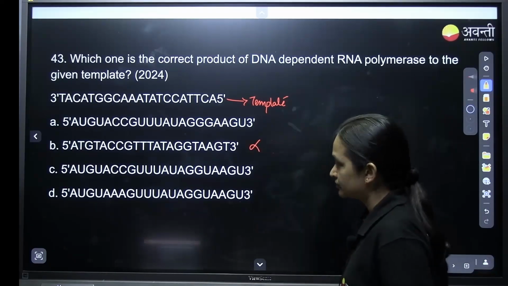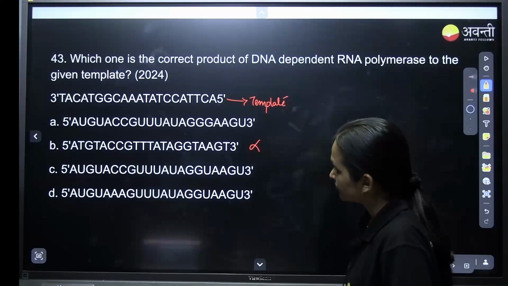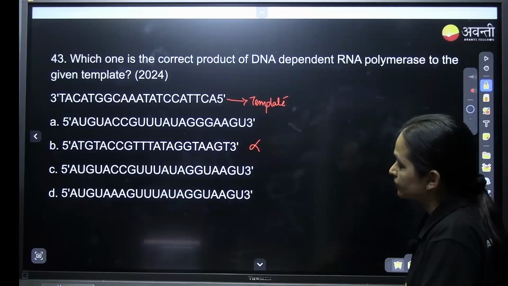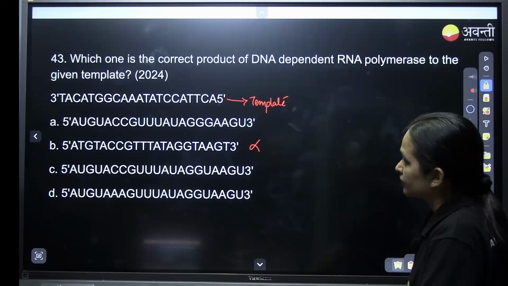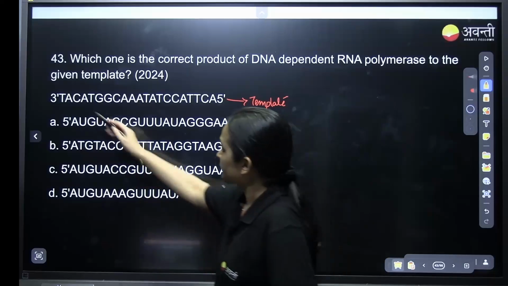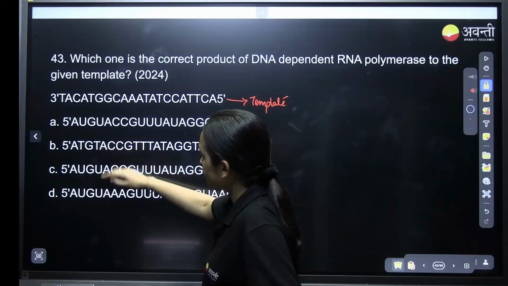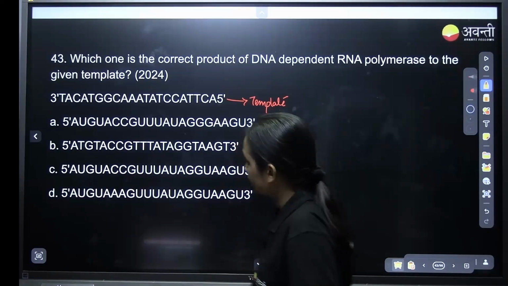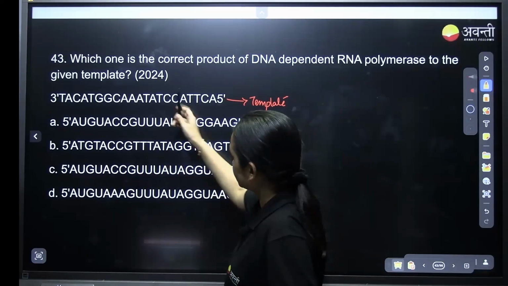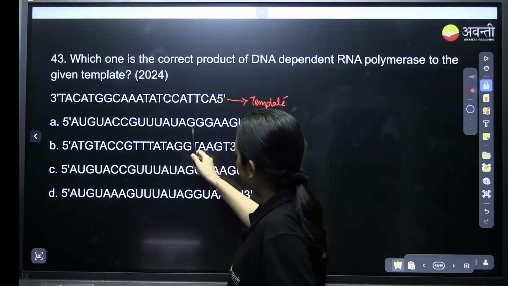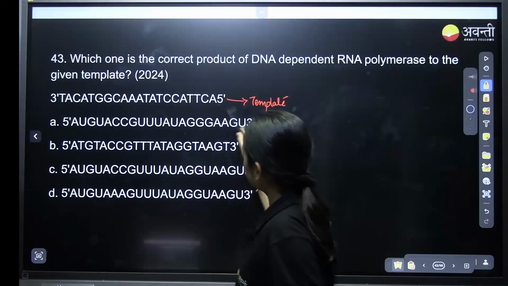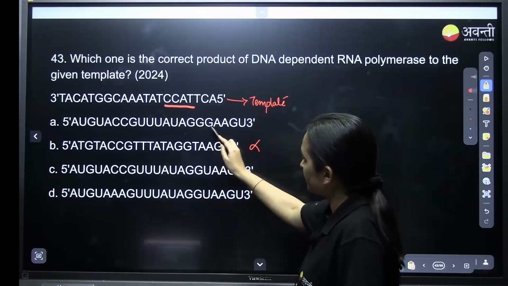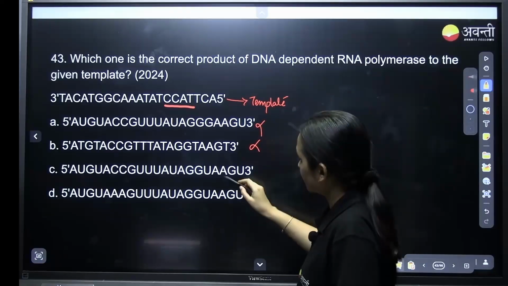C, G, T, U. Option C. Yes, if you see here, it is G, G, it should be U, wrong.